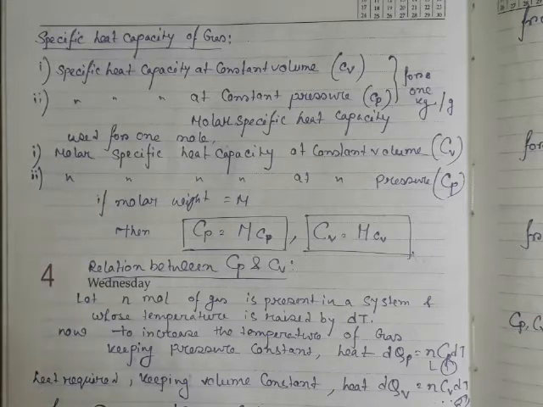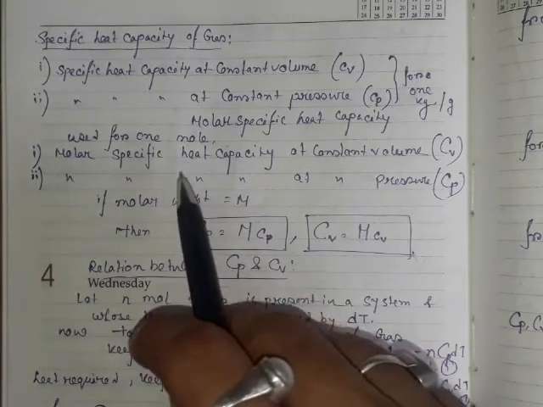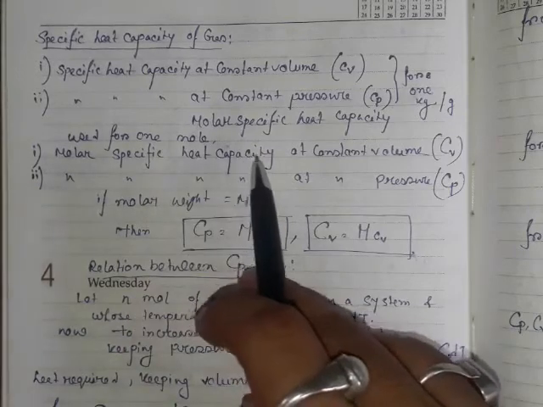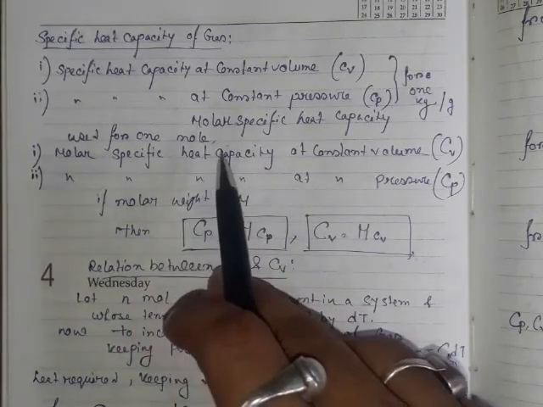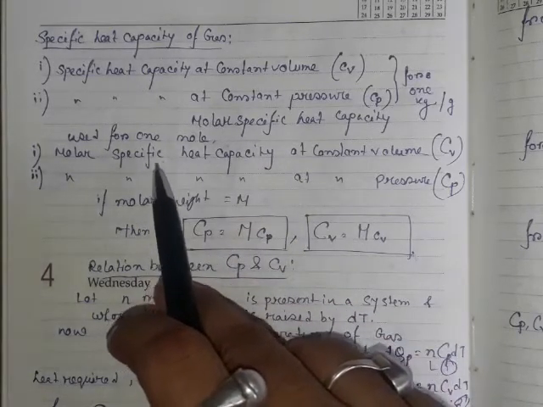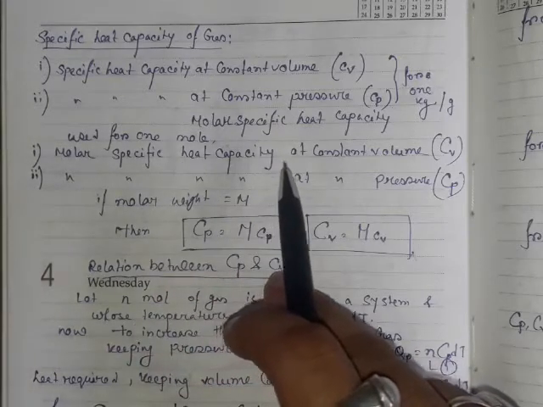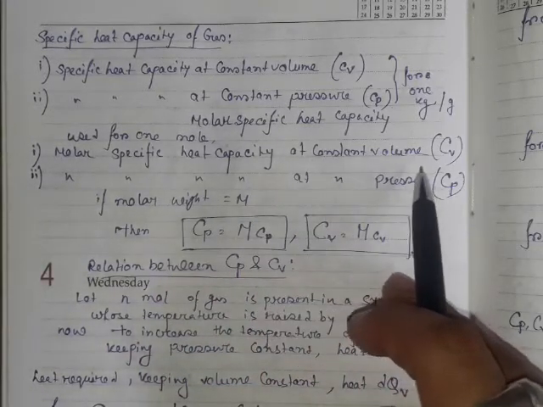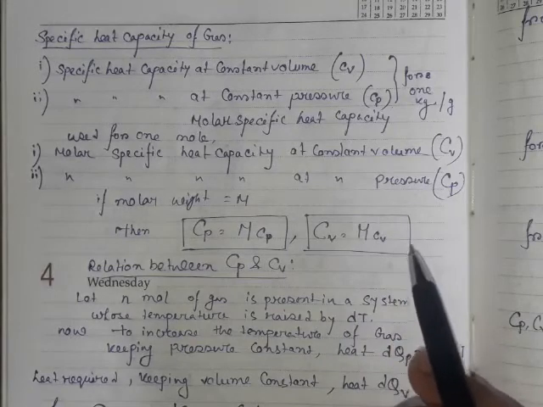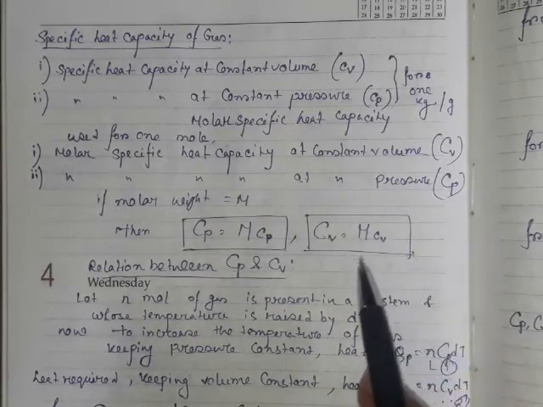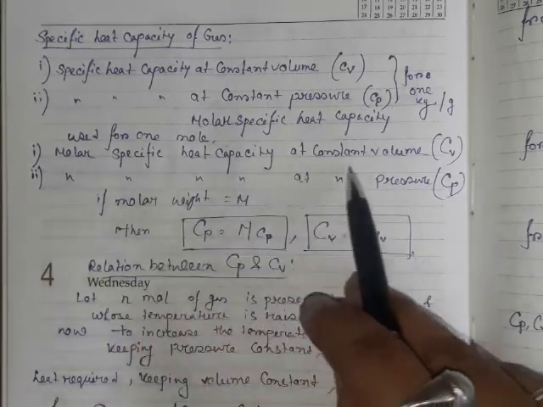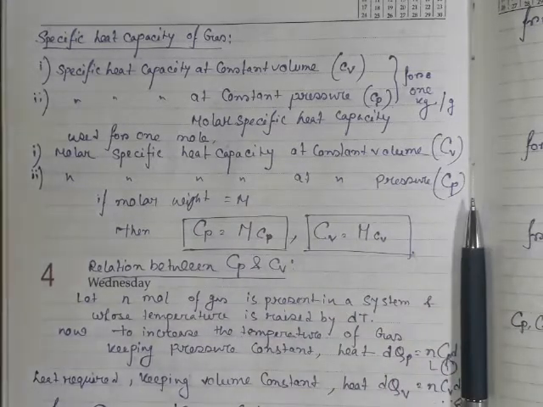Now, there is another specific heat capacity called molar specific heat capacity, and here we also have two different molar specific heat capacities. One is at constant volume and another one is defined for constant pressure. So molar specific heat capacity at constant volume is defined in a similar manner, but instead of using 1 kg of gas we have to use 1 mole of gas.